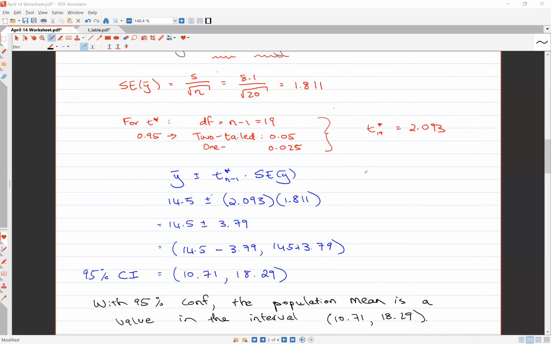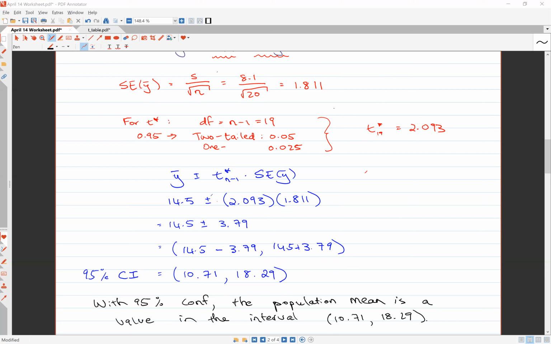So let's talk about the interpretation. Firstly, can we say that the population mean is inside this interval? No, we cannot. We don't actually know. When you construct a confidence interval, at the end of the day, you never know whether it contains the population truth or not. This is just our best informed range of values. This is a range of plausible values.